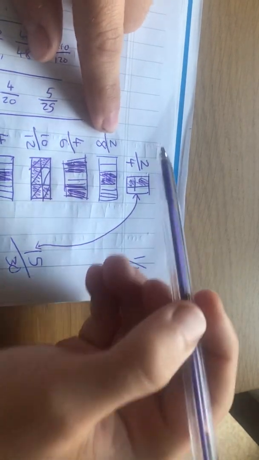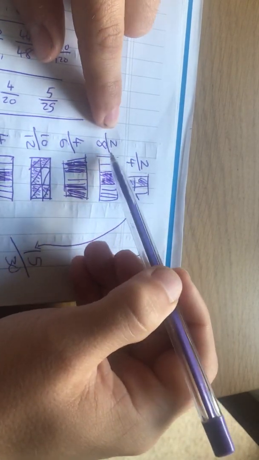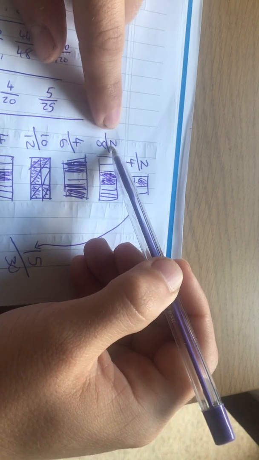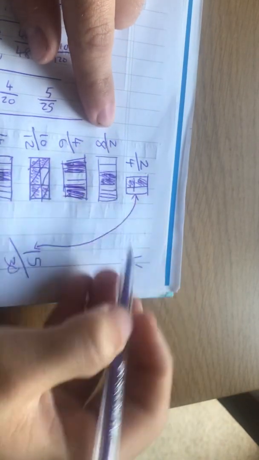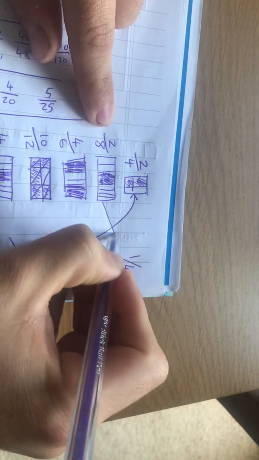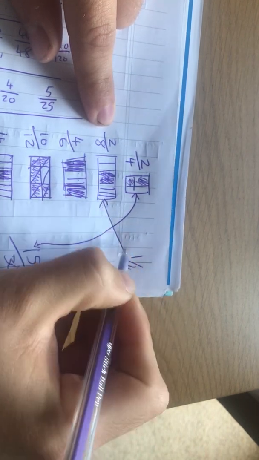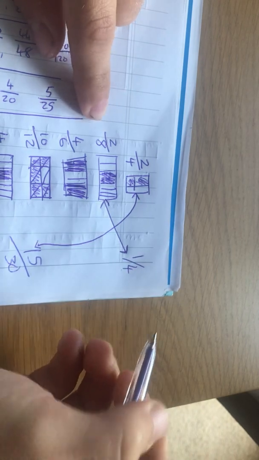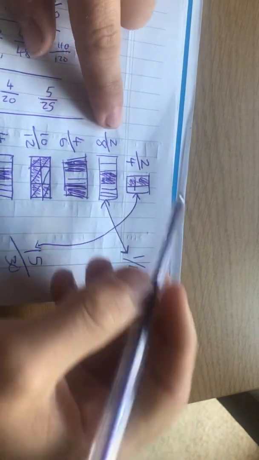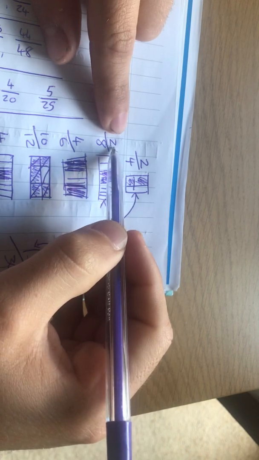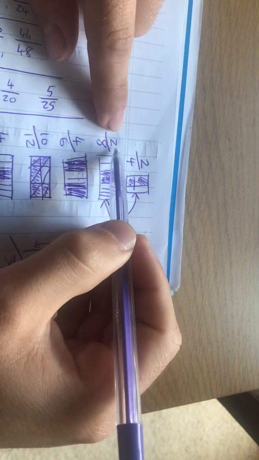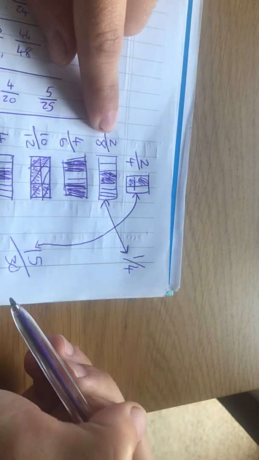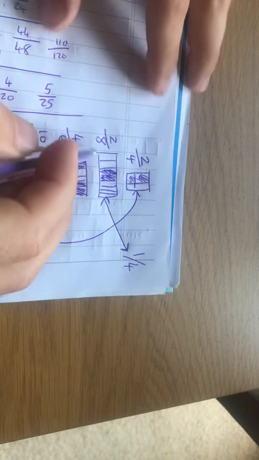2/8. Now, we're on 2. Let's simplify that first. We can divide both those by 2. So we can make it 1/4, and 1/4 is here. We can also multiply it. We can keep going. 1/4, 2/8. We could go 3/16. We haven't got that. So basically, you've got to go through your 8s.